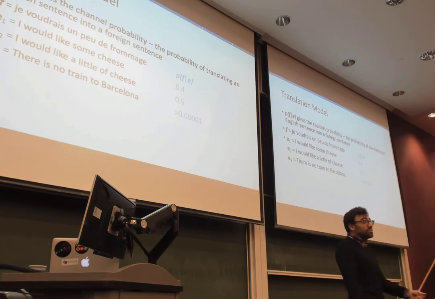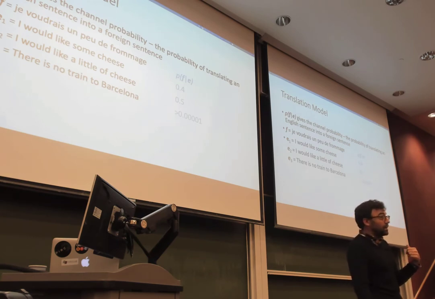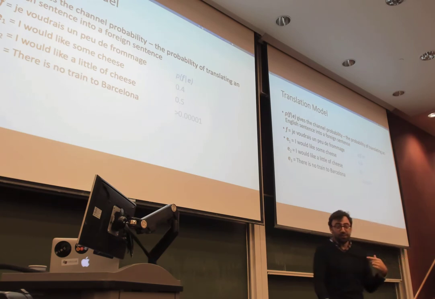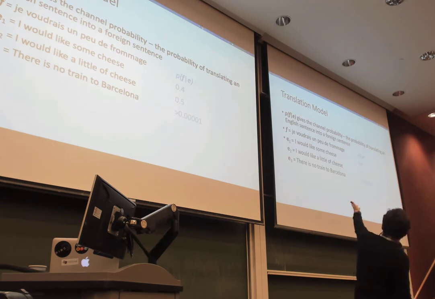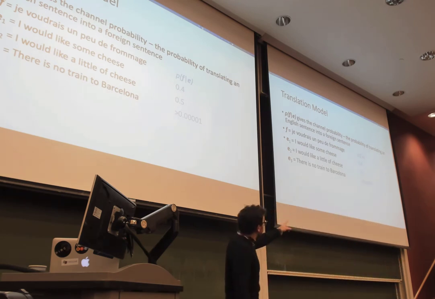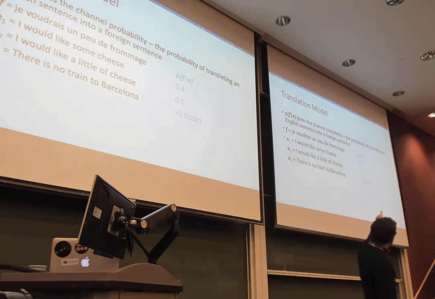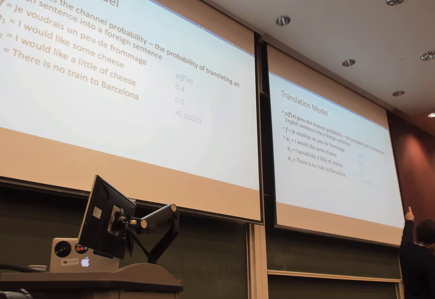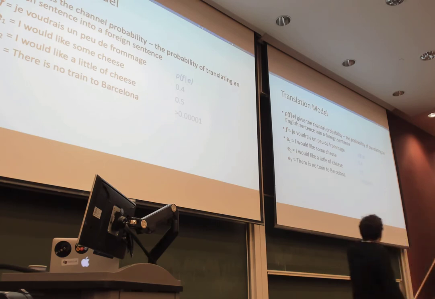"I would like a little of cheese" is kind of sketchy, but if I said it as a non-native English speaker, you could understand what I meant, so maybe it would work too. The other sentence, that there's no train to Barcelona, is a really bad translation. The job of the translation model is to assign scores in the opposite direction: given this E, what is the chance that this French sentence was created from that English sentence?